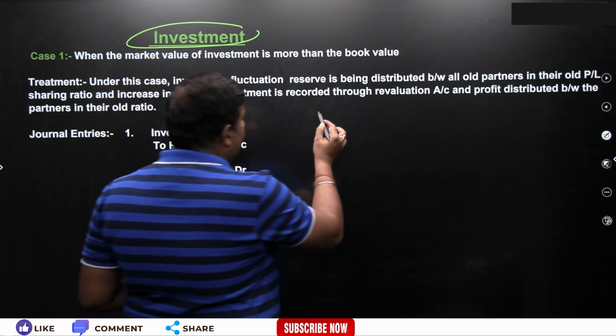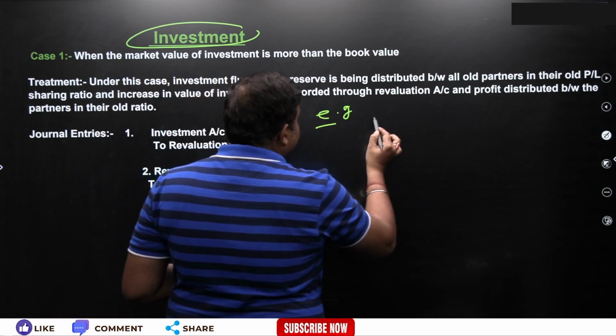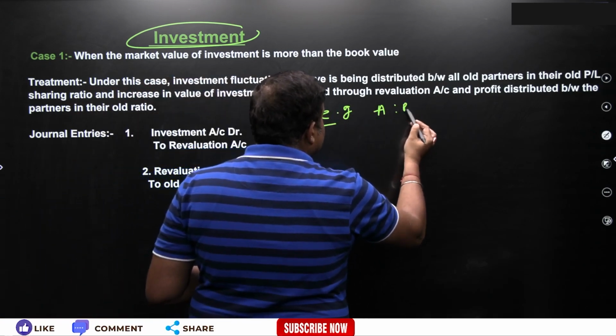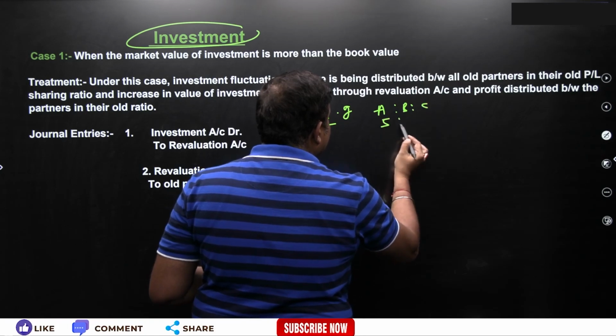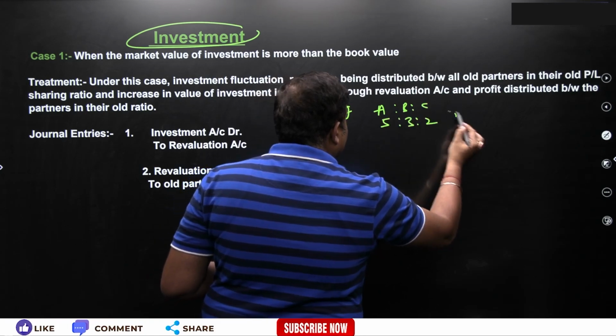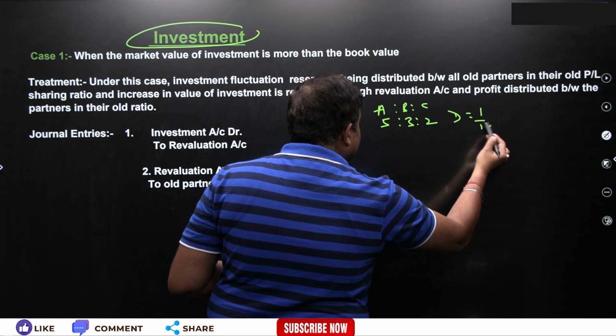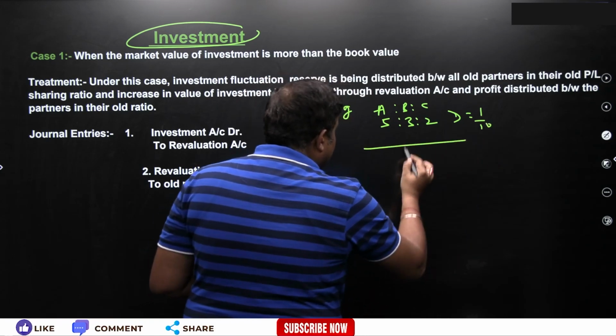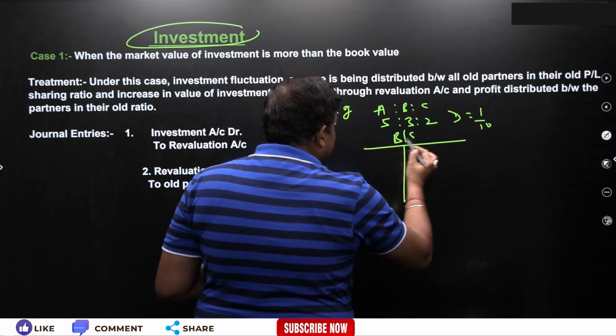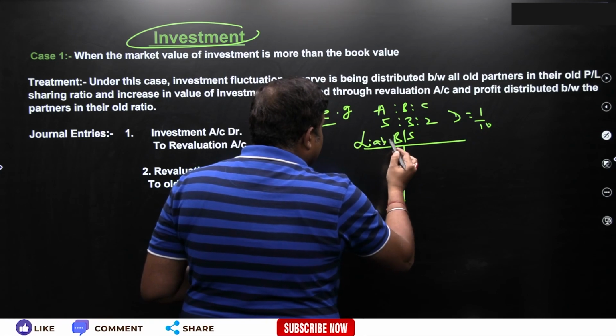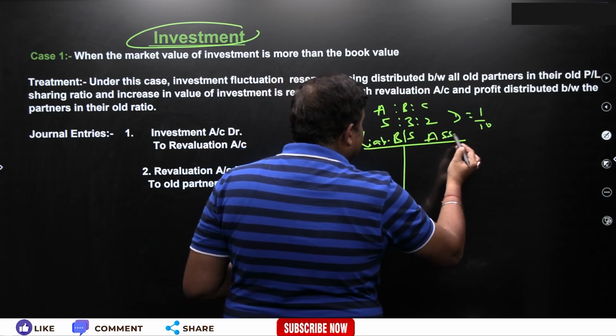Let's take an example for the same. Suppose A, B and C were the three partners, same ratio 5:3:2, and D is joining the firm for, say, a 1/10 share, and they have given you a balance sheet. The left hand side is the liability side and the right hand side is your asset side.